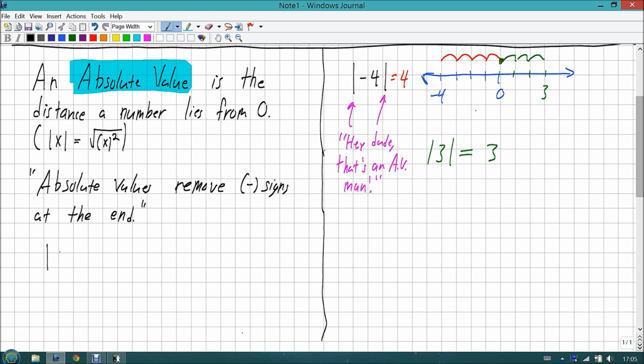So if I have the absolute value of 4 minus 8, I don't remove the negative sign right away. I only do that after I've finished all of the operations on the inside.